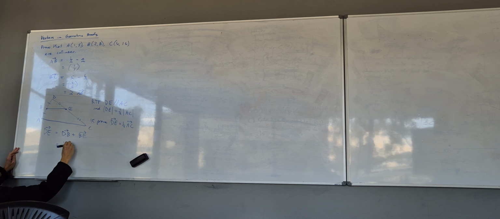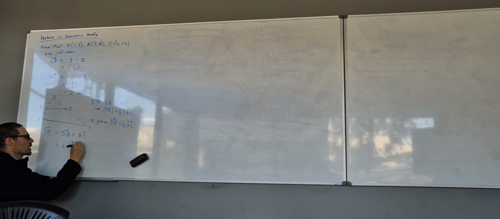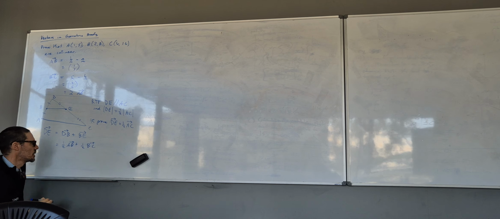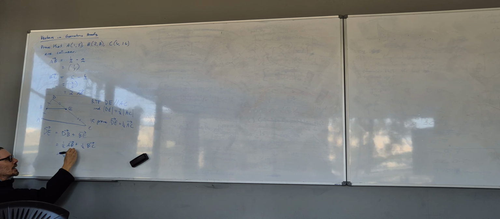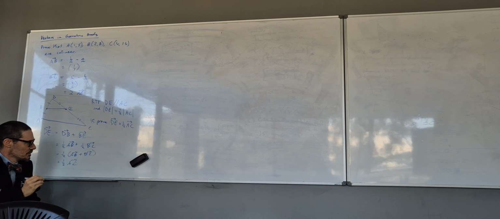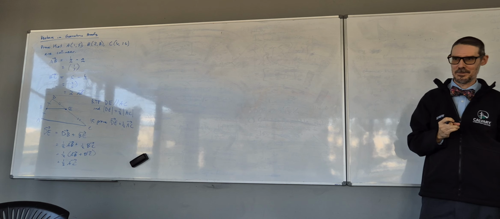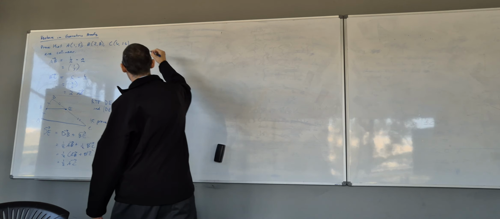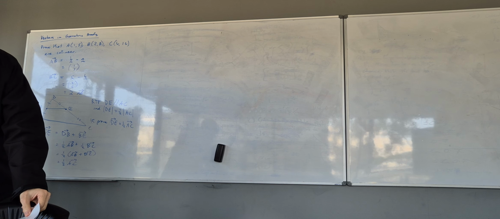Half of AB. Similarly, BE is half of BC. Can you see where we're going? Half of AB plus BC, but this is AC. Make sense? That might be enough. It probably is.